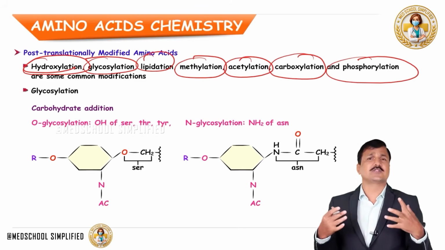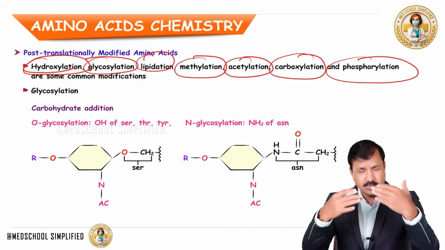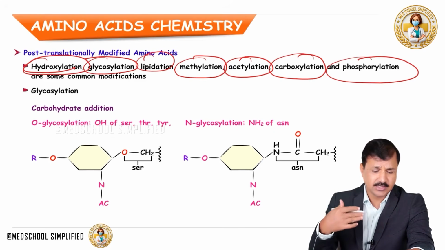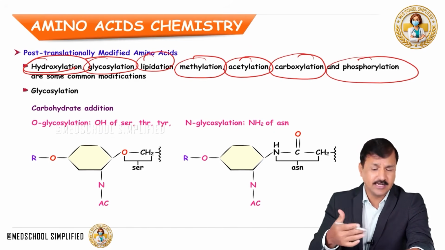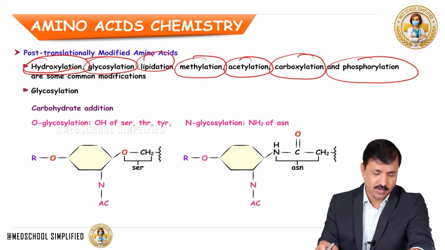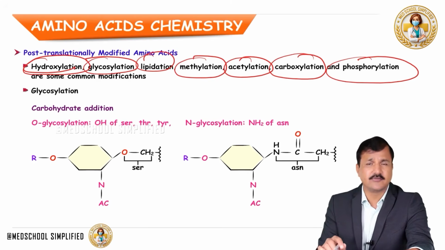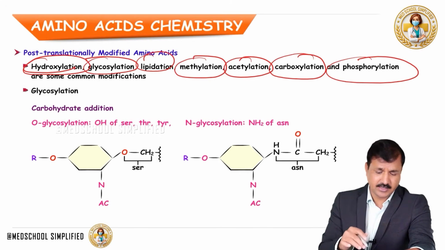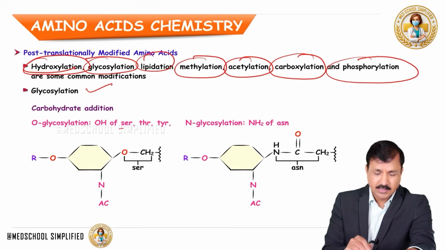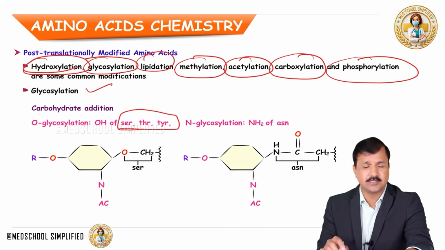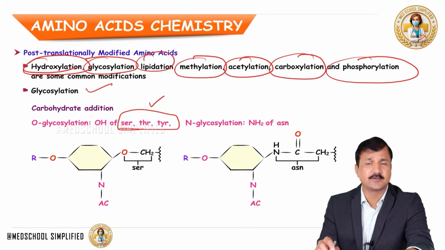All these processes can happen whenever a protein amino acid is part of a polypeptide chain, and post-translationally or co-translationally these modifications can go on. For each one of them I have given you figures. So we have glycosylation, carbohydrate addition. Usually carbohydrate is attached to the hydroxyl group of serine, threonine, tyrosine, because these are hydroxyl containing amino acids.